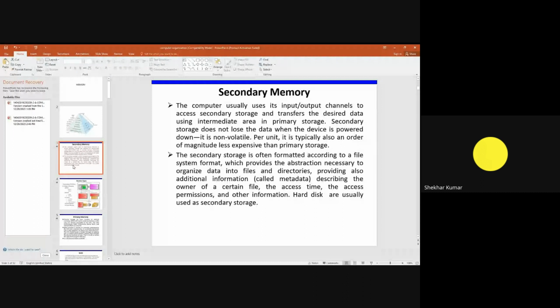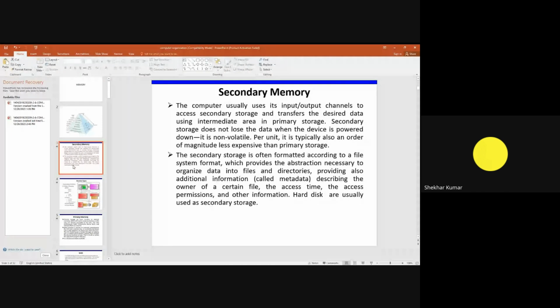But the secondary memory cannot be directly accessed by the CPU. If data is present in the secondary storage, the CPU cannot directly access it.